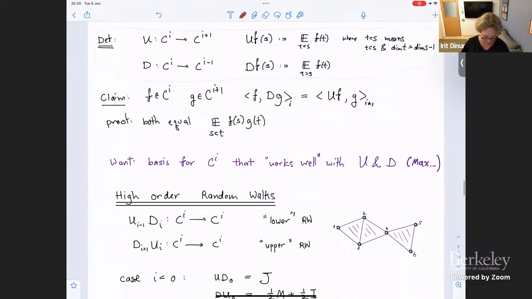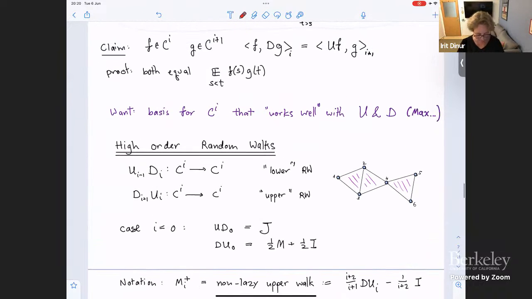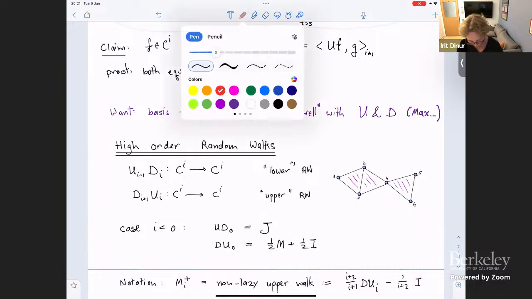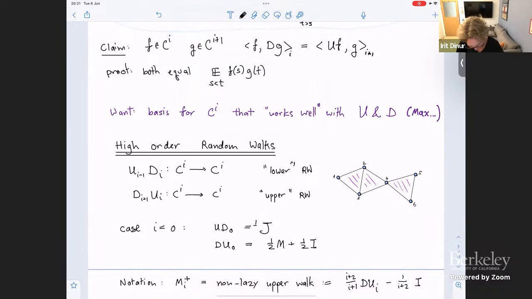Going back here, this operator starts from some vertex v, and it goes down to the empty set and then back up to any other vertex with uniform probability. This is exactly what the all-ones matrix does. I guess maybe I should have written 1 over n, so the normalized J. So that's the down-up operator.